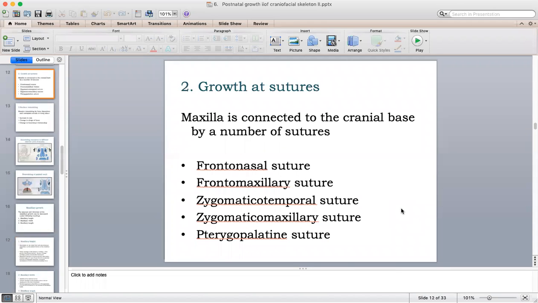Growth occurs at a suture, which is the junction between two bones, whenever the connective tissue in the suture shows growth and is converted to bone. Not only does it push the bones away and create space for more growth, but the connective tissue there goes on converting to bone. So that is how growth at the sutures results in growth of the entire maxilla.